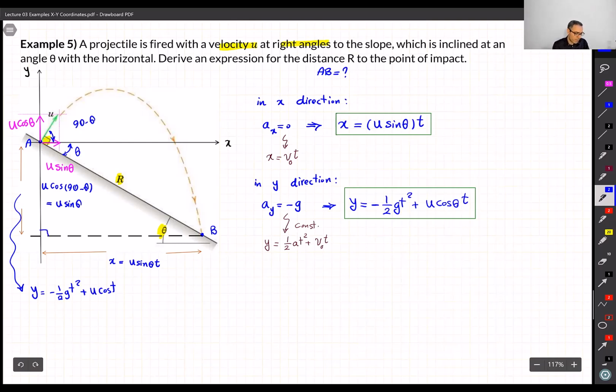And another way is to simply say that, okay, from this triangle, I have some extra information. I know this distance is r cosine theta, and I know this distance is r sine theta, right? So another piece of information.